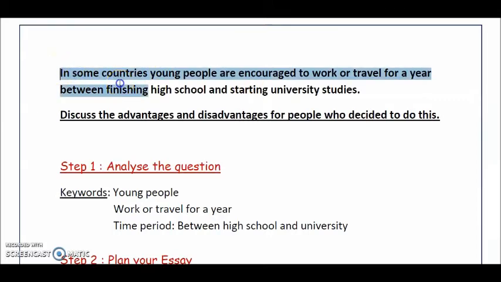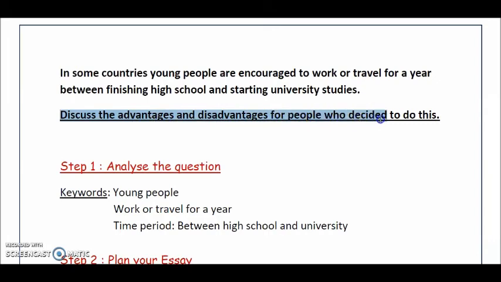So the concept is always written first. It is our topic and we are supposed to think about it and write about it. Whereas the task is the one written after the concept. And the task for today is discuss the advantages and disadvantages for people who decided to do this. So this is what they want us to do. This is what the examiner wants to know from us.